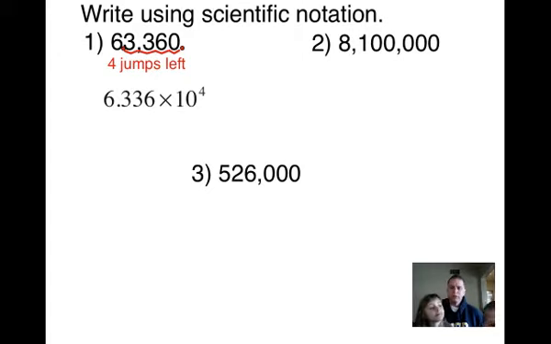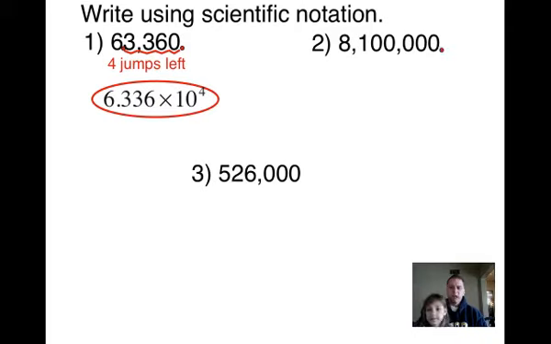Number 2. We have 8,100,000. Where are we going to move the decimal point? Where is the decimal point? It would be at the back of the number. Okay, so where are we going to move it to? We're going to move it to the 1 in 100. In front of the 100, okay.